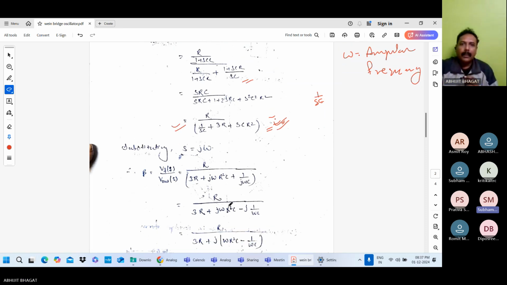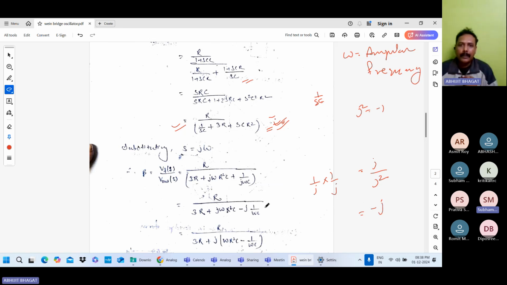So just simplify this. Here 1 by j term is there. If 1 by j term is anywhere, then j has to be brought to the numerator. In that case, you multiply j by j in numerator and denominator. Then you are getting j divided by j square, and j square equal to minus 1. So that means it is minus j.